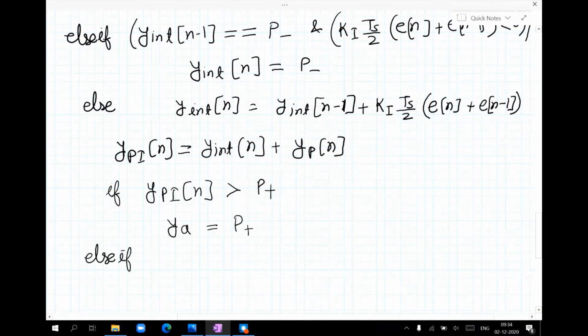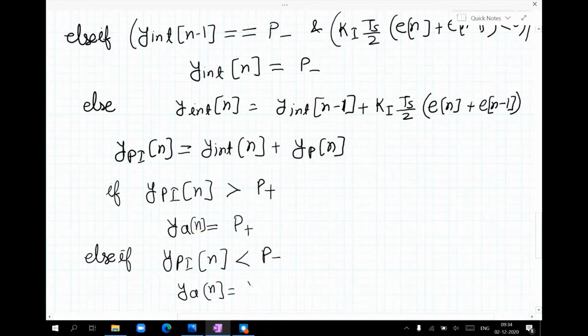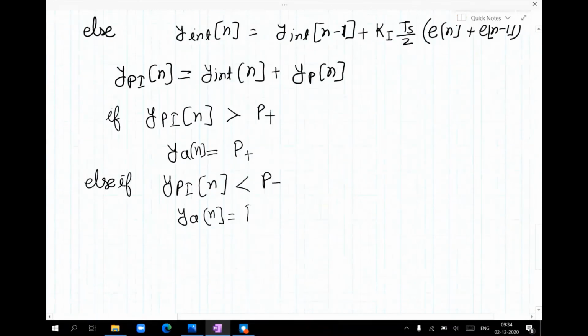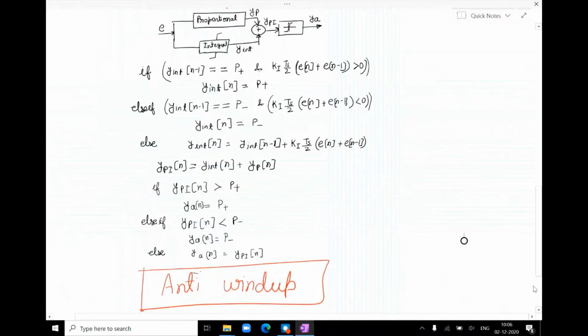If YPI is less than P-, then YA is equal to P-. Otherwise, YA is equal to YPI. So this is the overall algorithm to implement the PI controller with anti-windup. Thank you.